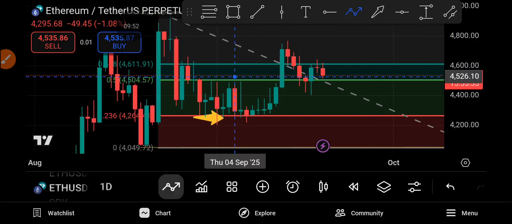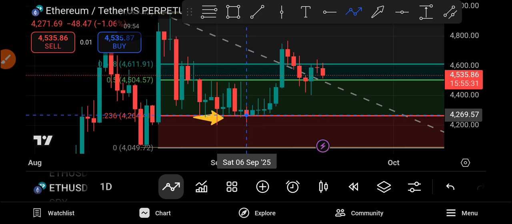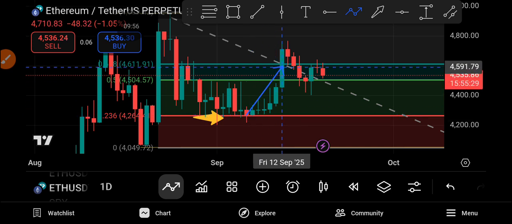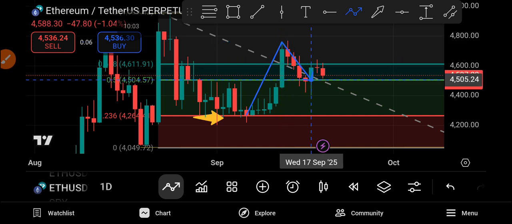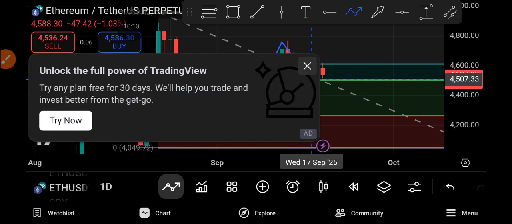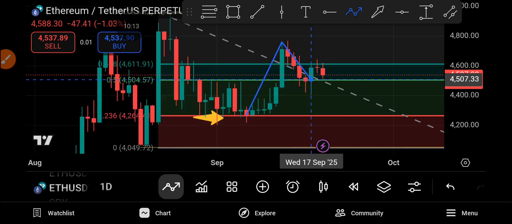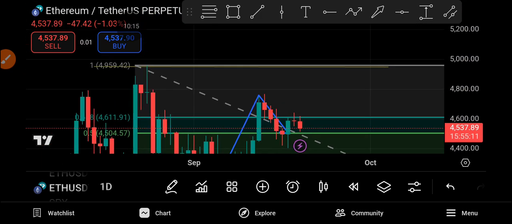Okay, now the market came, it retraced on this 23%. It went up and broke through these two lines. Now on trying to retrace, the 0.5 line has held this market, and I'm sure it's not going to pass through that 0.5 line. Instead, it will do something like this.